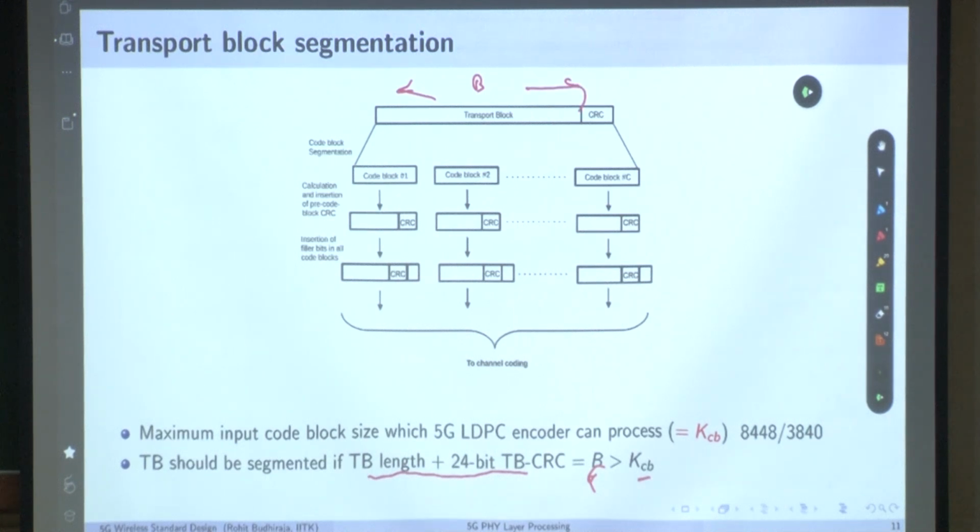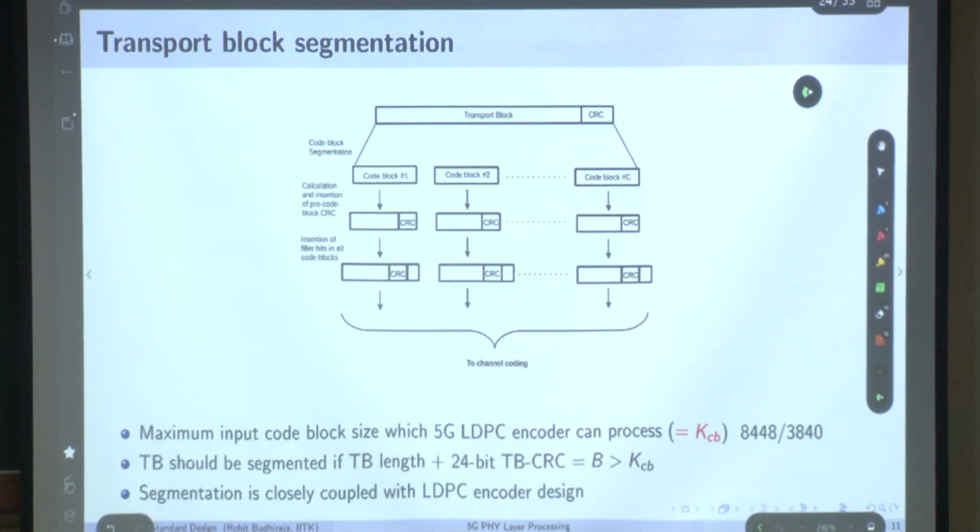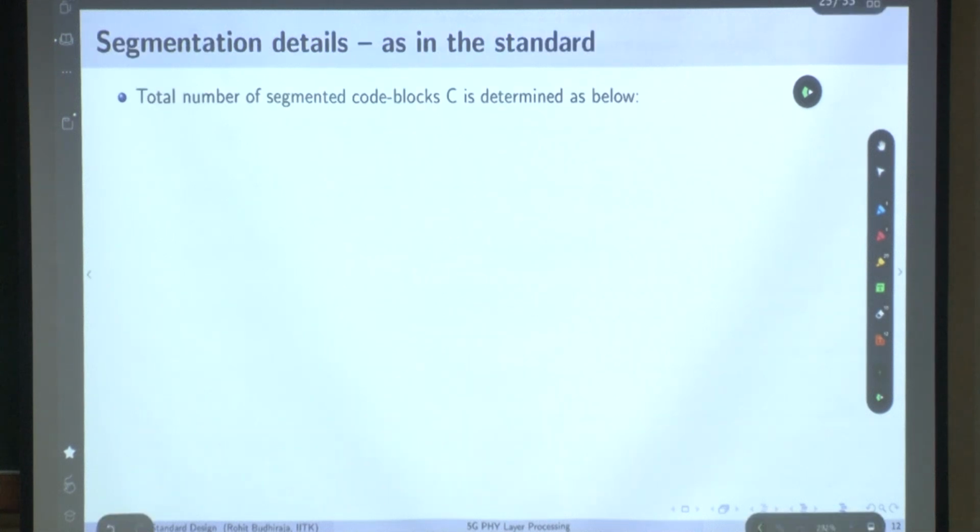Fine. We understood this segmentation is closely coupled with the LDPC encoder design, because the LDPC encoder cannot encode any arbitrary code block size. So what did we learn?